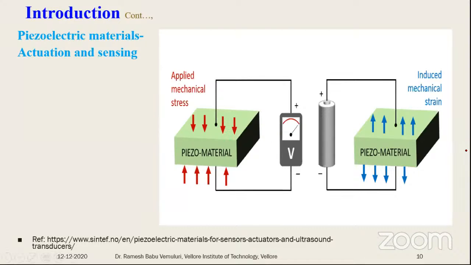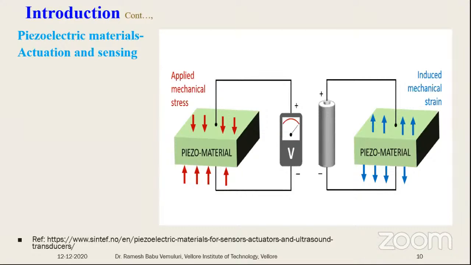In the actuation, if you give an electrical field, it will give forces. So normally, in application, piezoelectric material patches will be kept on different structures, and they can be excited as actuators. Then we can apply various forces on these, so we can alter the excitations. That is the actuation purpose.